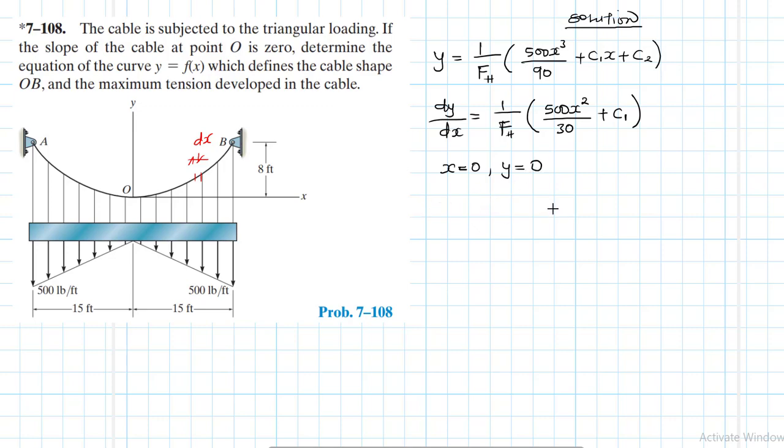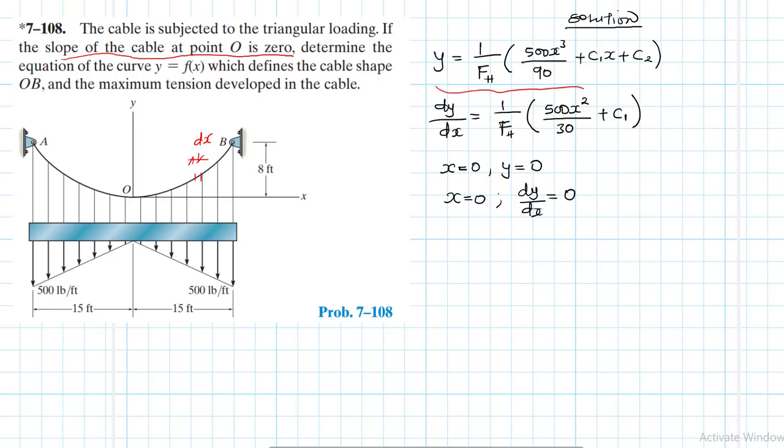This is one boundary condition. And again, when x is equal to 0, dy/dx is equal to 0. This has already been given to us in the problem. We are told that the slope of the cable at point O is 0. So with these two boundary conditions, let's now find the constants C1 and C2.